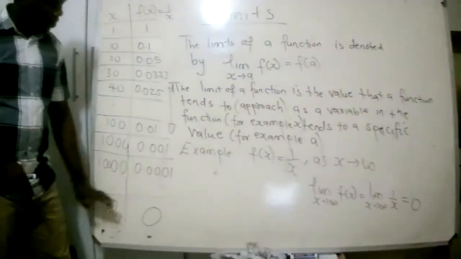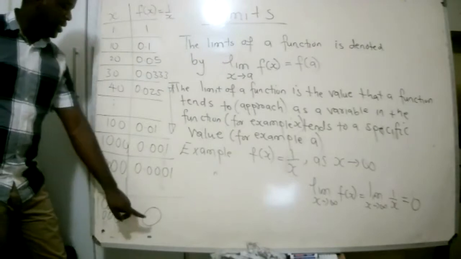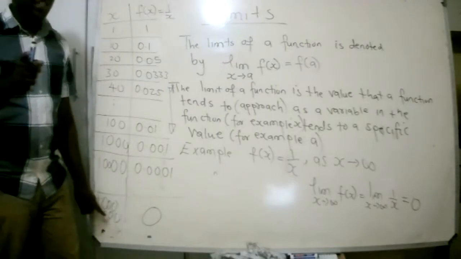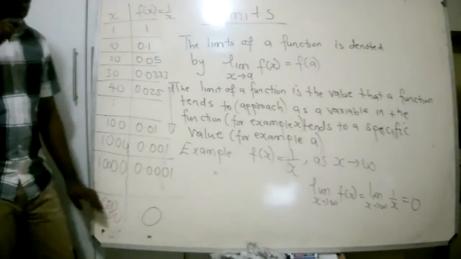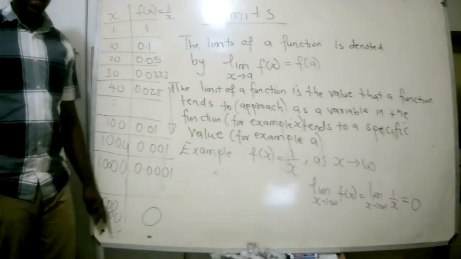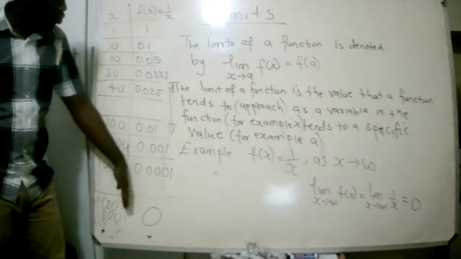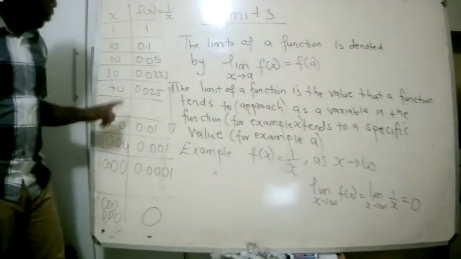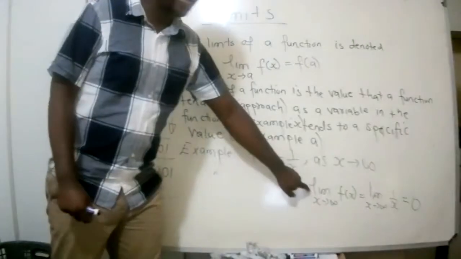So we predicted from the trend, because there is no number which when you substitute, you're going to get a definite 0. A calculator may lie to you and say it's a 0, but in actual fact, you're going to get 0.00 something. There will be some numbers. But with that trend, you can be able to tell that it's going to approach a value of 0, of which that's where a limit appears.